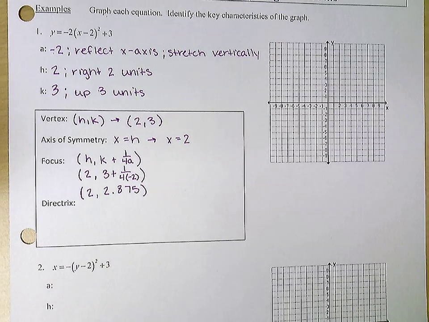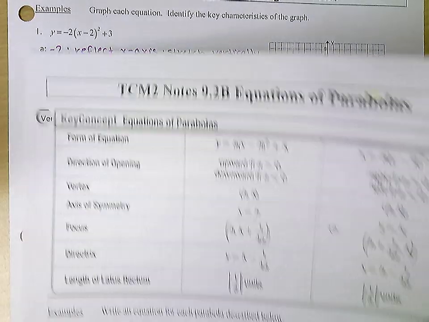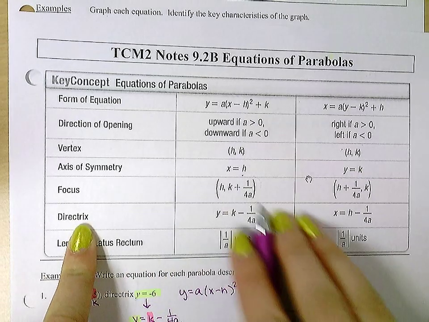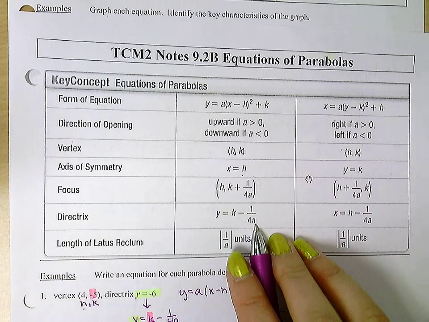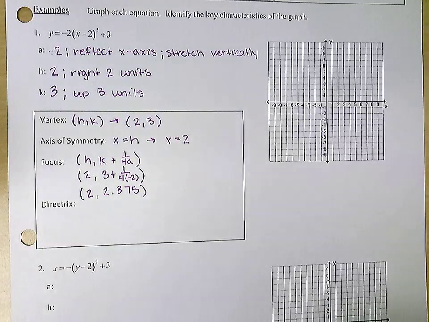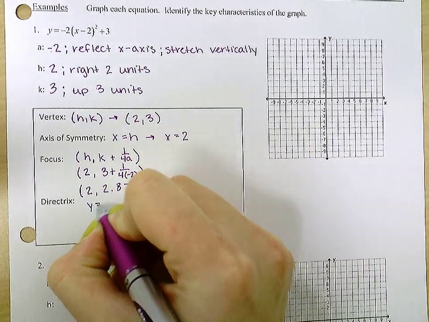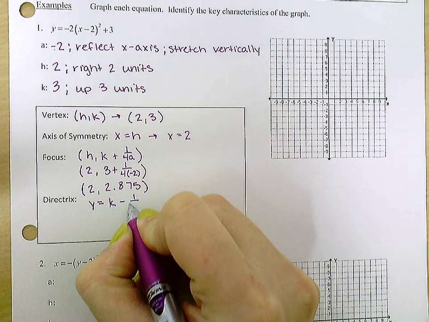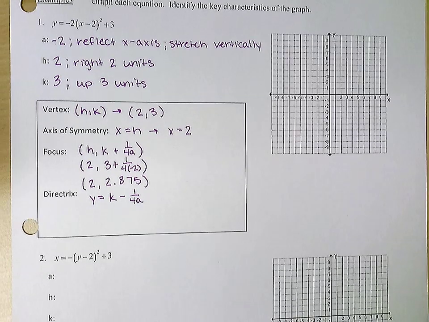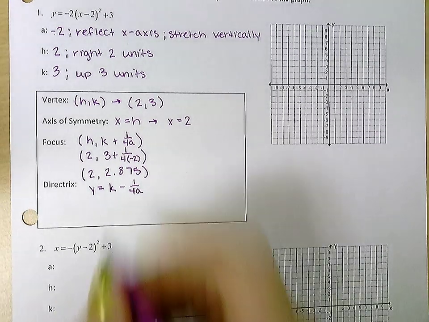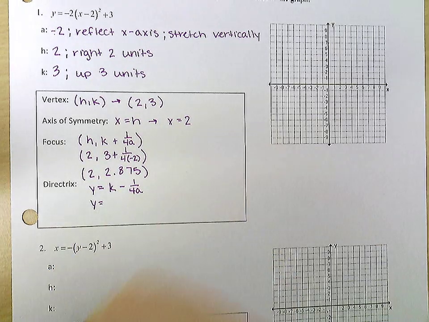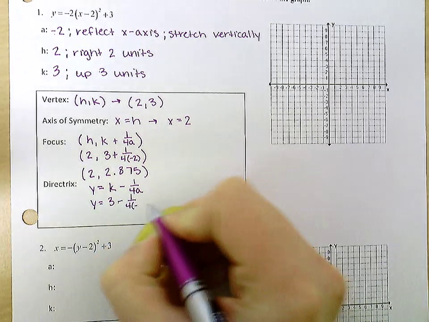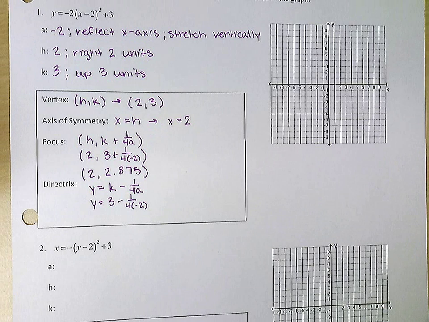Same thing with your directrix. That comes from this chart again. Using this column here, directrix is right here, so we'll use this formula to find that directrix. We are using y equals k minus 1 over 4a. Then plug in your values. We have y equals, our k value is 3 minus 1 over 4 times negative 2, since that is our a value.